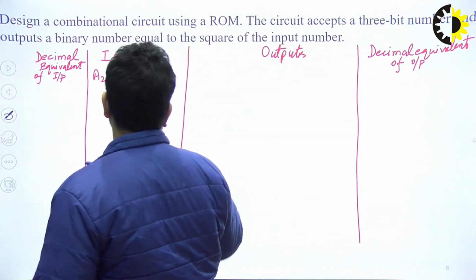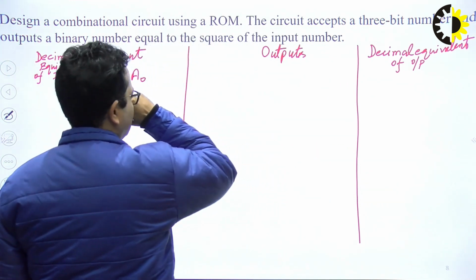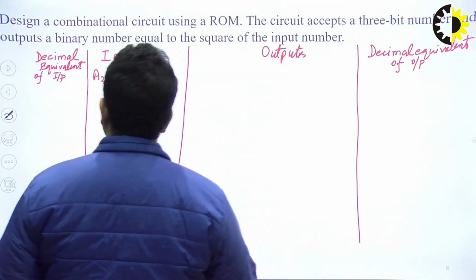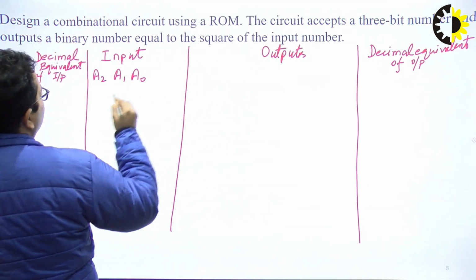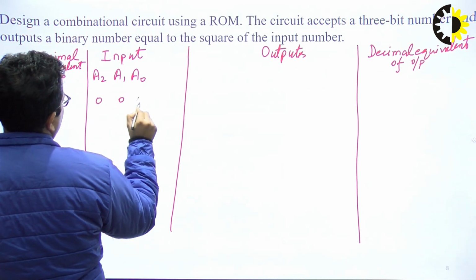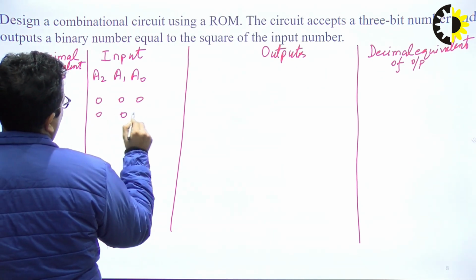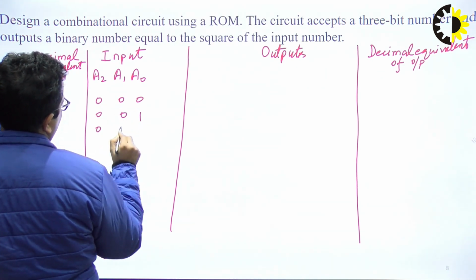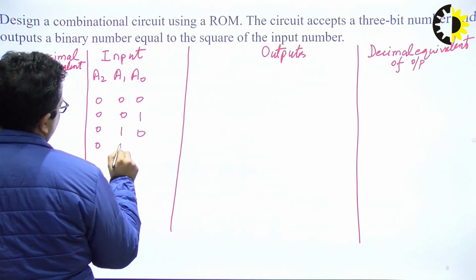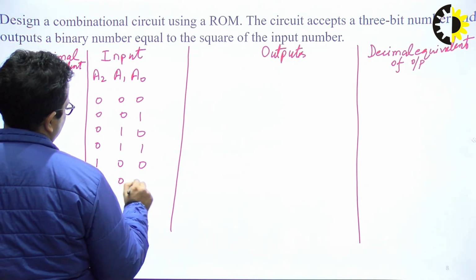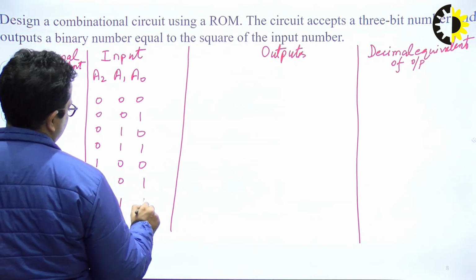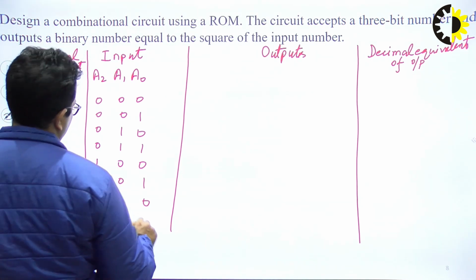Fine. So this side we have outputs. First of all, let's write the input combinations. We have a 3-bit number, so it will go from 0 0 0, 0 0 1, 0 1 0, 0 1 1, 1 0 0, 1 0 1, 1 1 0, and finally 1 1 1.